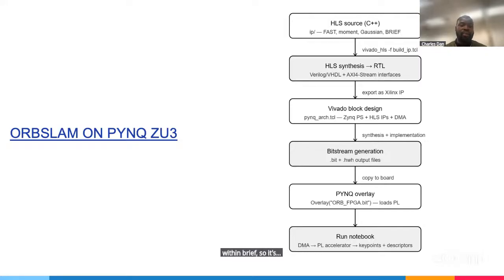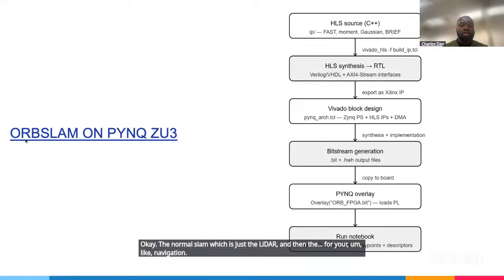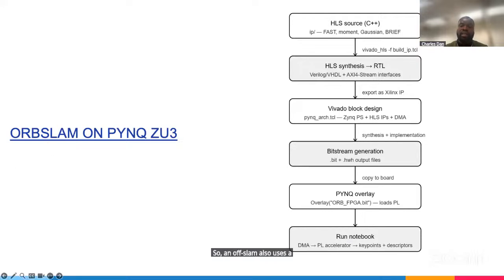It's part of the SLAM framework, because we have VSLAM, which uses just the camera, and the normal SLAM, which uses just the LiDAR, for your navigation. ORB-SLAM also uses a camera, but this time it comes with a depth sensing camera. I didn't have a depth sensing camera in this case, but I just wanted to run a few inferences on some images and see the performance of the FPGA.